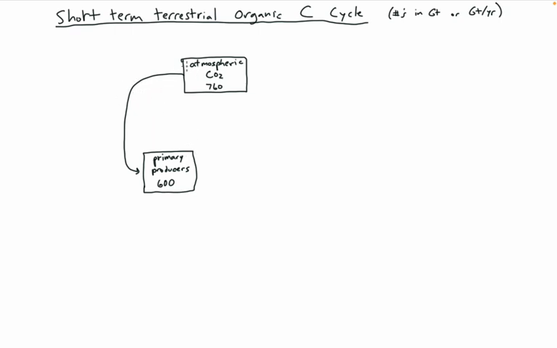The process, so we have a flow here. We've already said that the rate that this happens, photosynthesis, is around 60 gigatons per year. And we want to label what that process is.